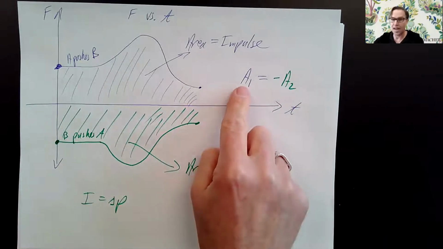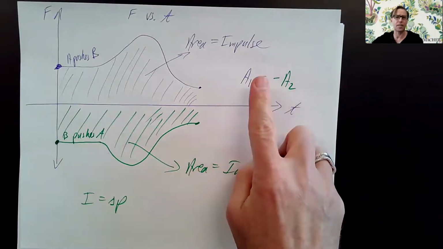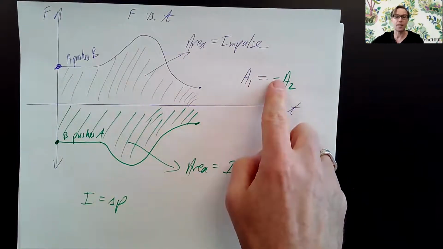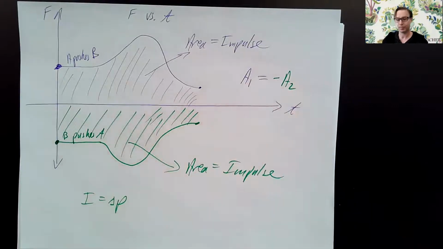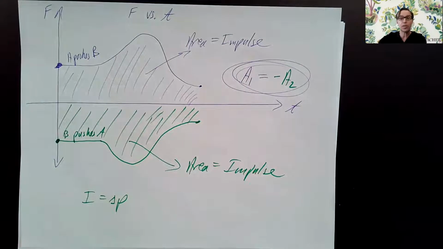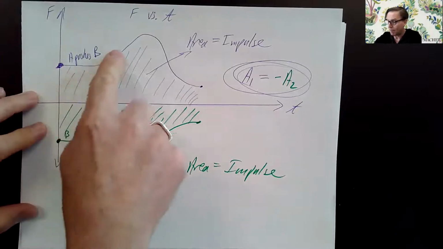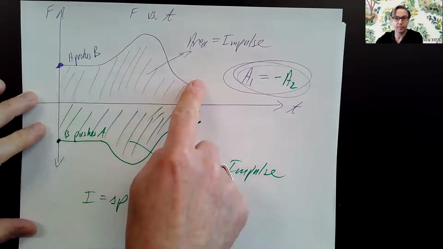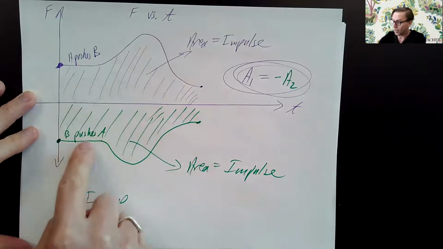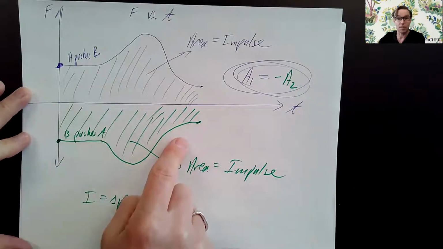So if this area was 5 and this area was -5, I wouldn't say 5 equals -5. I would say 5 equals the opposite of -5. So because of Newton's third law, if I have this first purple graph, then this second green graph must exist and look this way. That was Newton's third law.